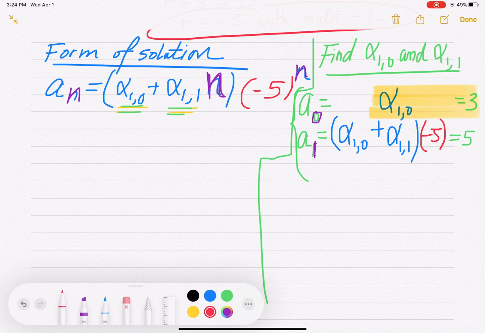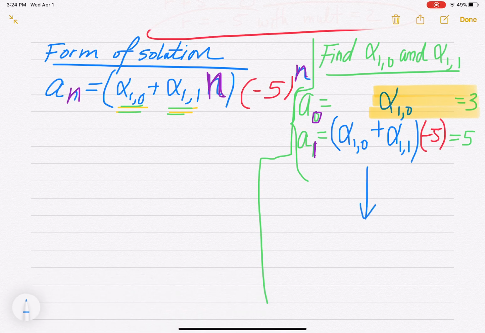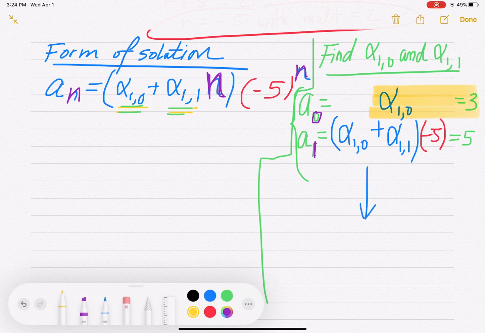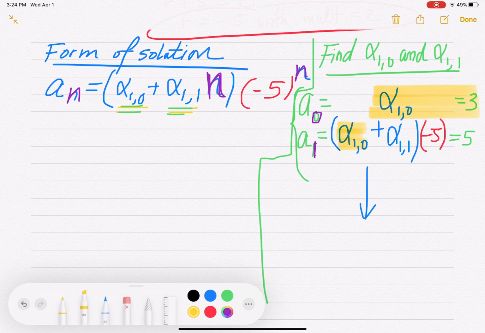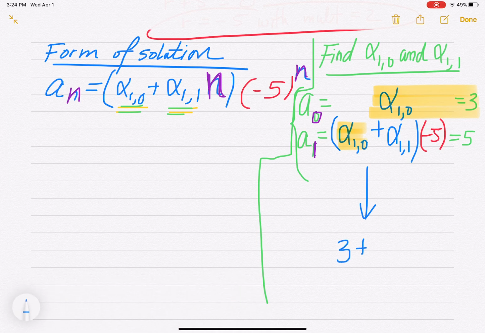So I need to solve this for alpha_{1,1}. We already know alpha_{1,0} is 3, so we can write this as 3 plus alpha_{1,1} times negative 5 equals 5.